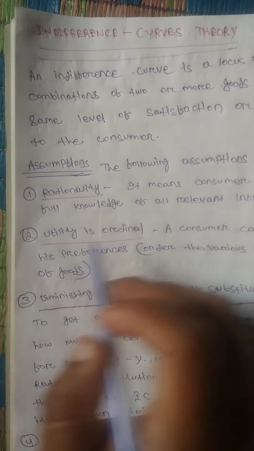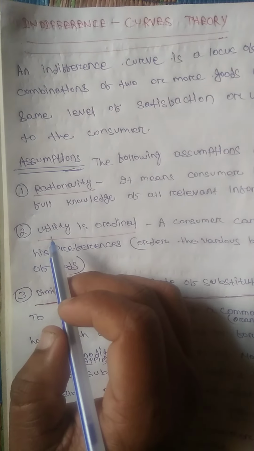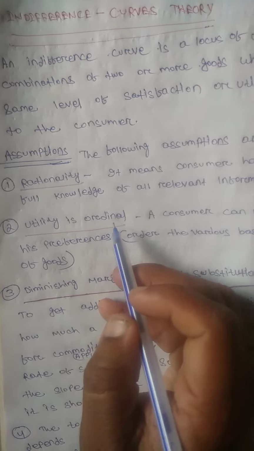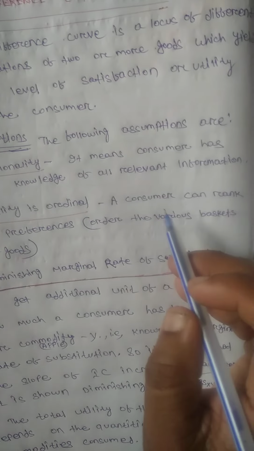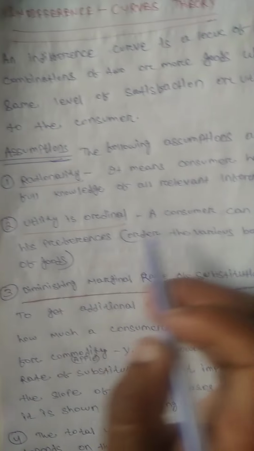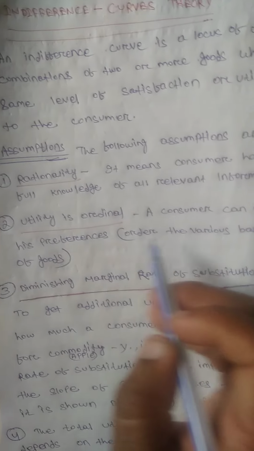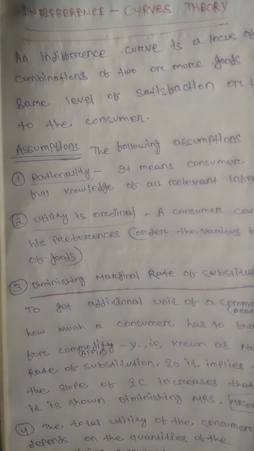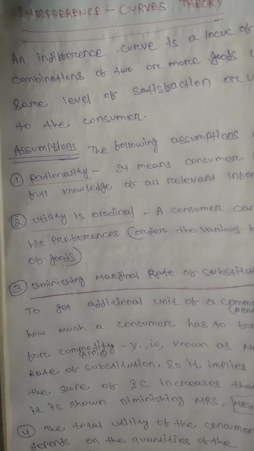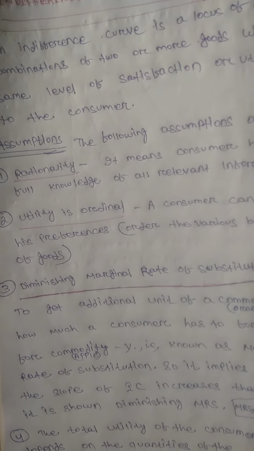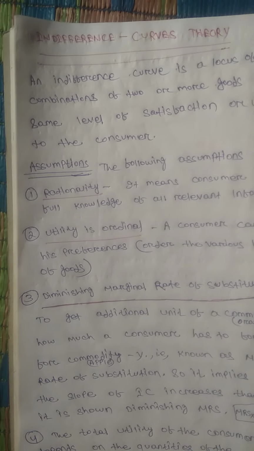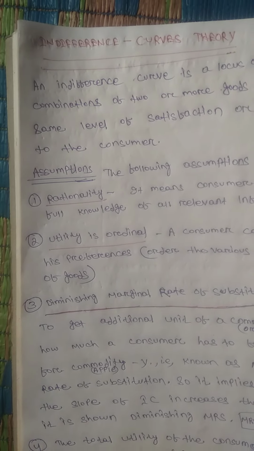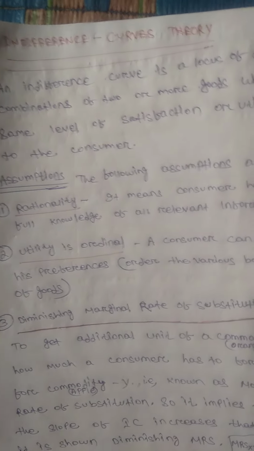In the second assumption, utility is ordinal. A consumer can rank his preference out of the various baskets of goods. It means the one which is the best preference good will be consumed first, then the one which is less preferred.